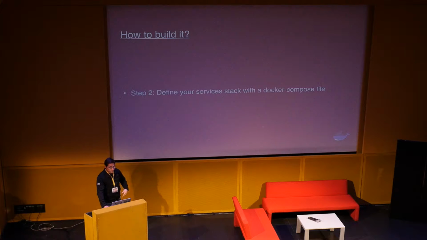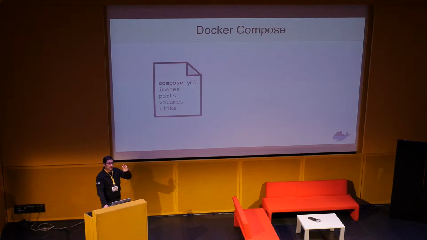The second step, you need to define your services and describe them in one simple way. And one way of doing this is using Docker Compose. With Docker Compose, you can create a simple file that describes each one of your services.